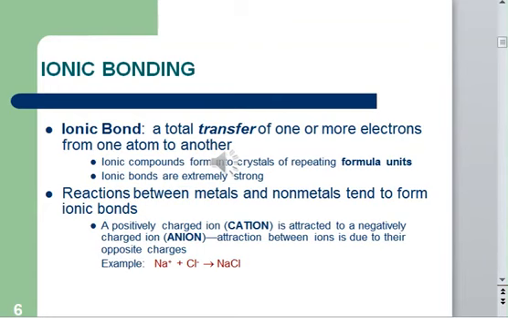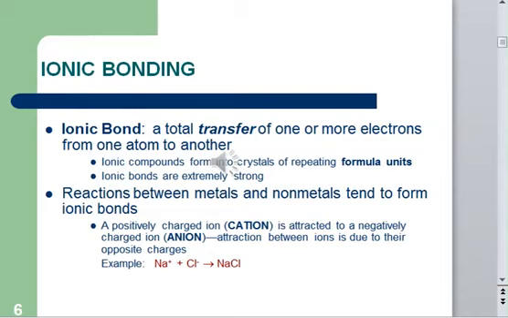So how is an ionic bond formed? An ionic bond is always formed by a reaction between a metal and a non-metal, right? Why do we take a metal and a non-metal? The reason is that metals are good losers of electrons.